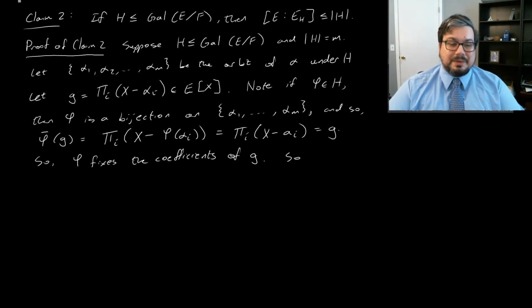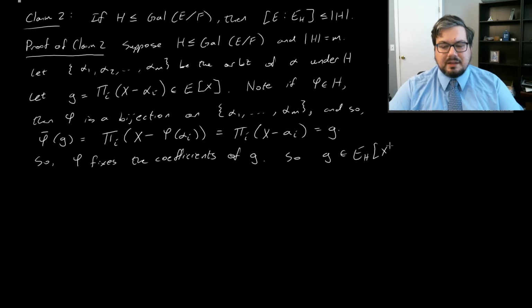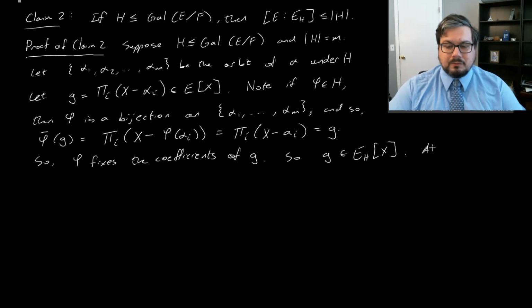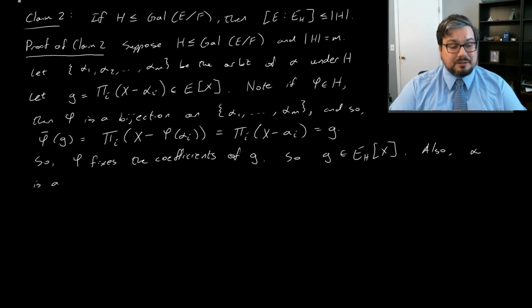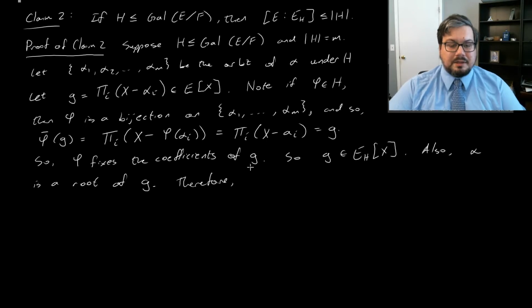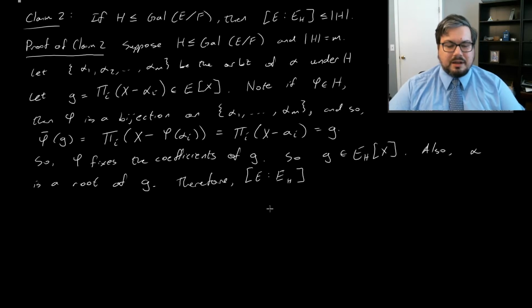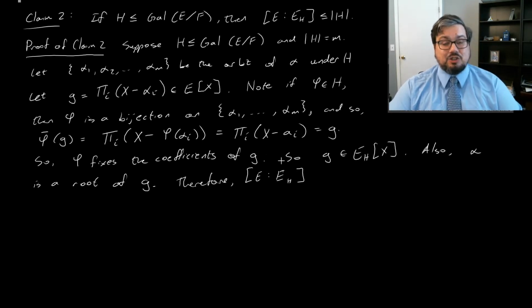So in particular, this means that G belongs not just to E adjoin X, but actually to the fixed field of H adjoin X, because phi fixes the coefficients of G for any phi in the subgroup H. Also, alpha is a root of G. So therefore, the order of E over E^H, remember that E is just E^H adjoin alpha, the smallest field containing E^H and alpha.